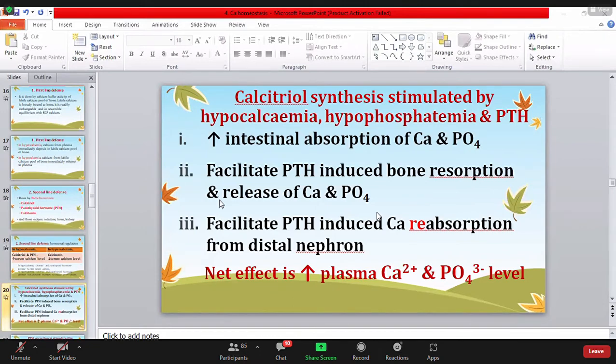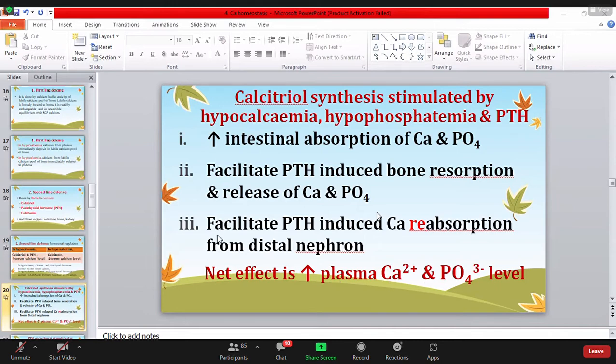And on kidney, it facilitates parathyroid hormone-induced calcium reabsorption from the distal nephron. See, calcitriol helps in intestinal absorption and also helps in calcium reabsorption from the distal nephron. So the ultimate net effect of calcitriol is increased plasma calcium and phosphate level. And how does it increase plasma calcium and phosphate level?